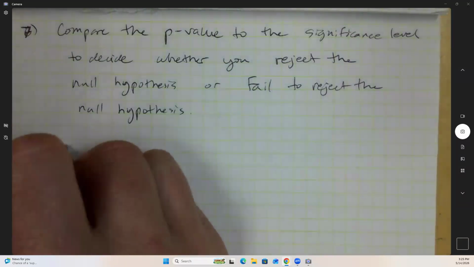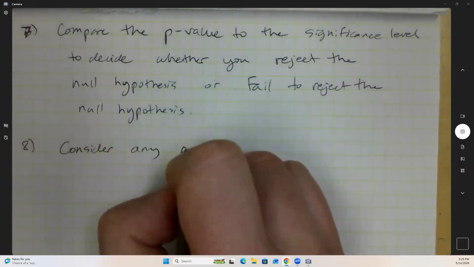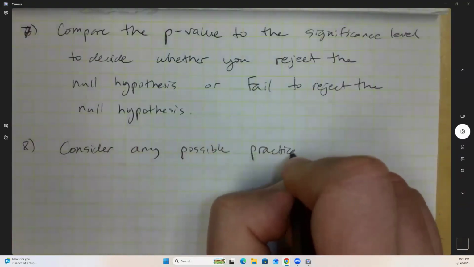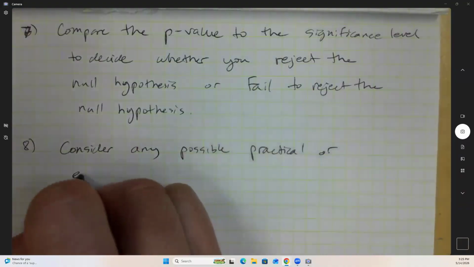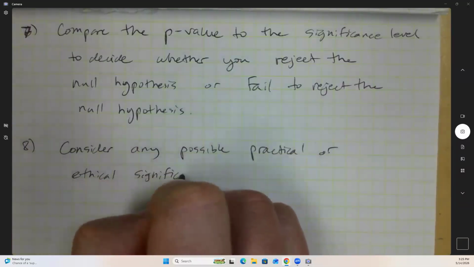Step 8 is to consider any possible practical or ethical significance of the results.